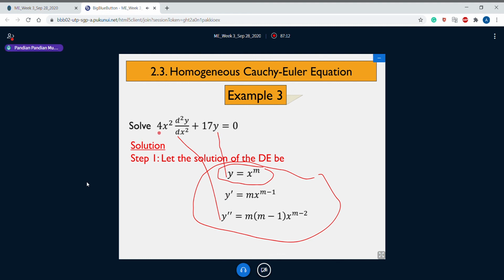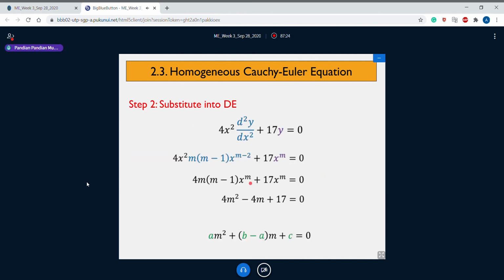So 4x squared multiplied by m(m minus 1) x to the power m minus 2, plus 17 times x power m, equals 0. So that is what you can see in the next slide. So you substitute this term for d squared y, and this one is for y, x power m.